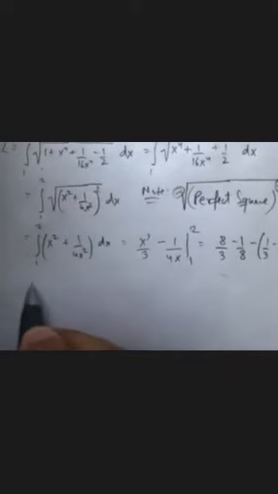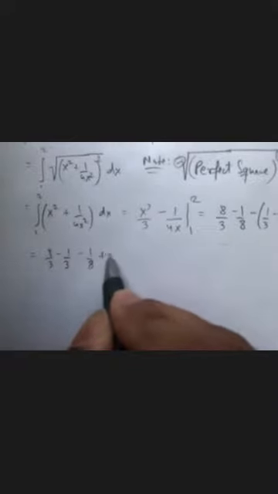So first I have substituted 2 in place of x. I got 2 terms and then subtracting the 1. So we have 8 over 3 minus 1 over 3 minus 1 over 8 plus 1 over 4.